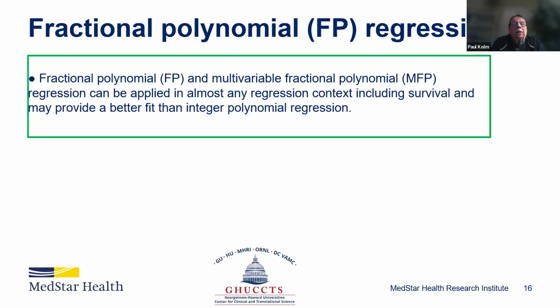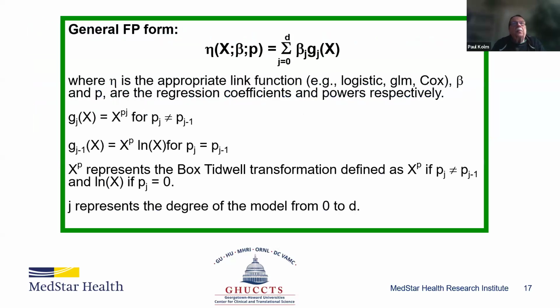And typically when we do fractional polynomial regression, we'll get a better fit than with just integer polynomial regression. I know there's a lot of formulas here, but basically the idea is that we have a link function, the eta, which is what particular statistical method we want to do, like logistic or the Cox model for survival analysis.